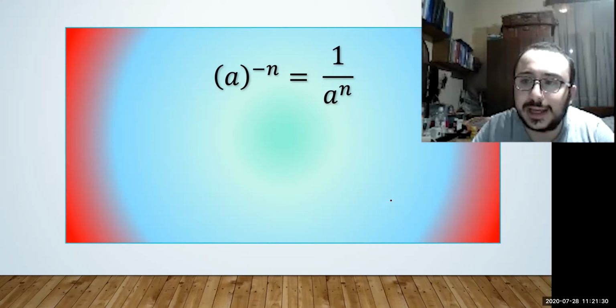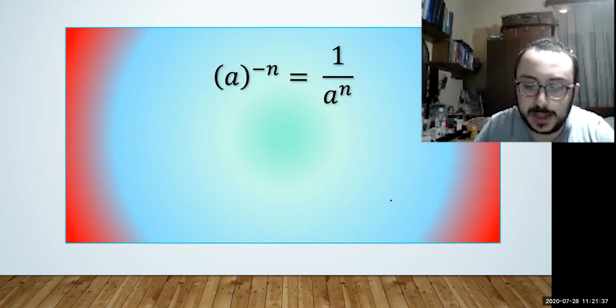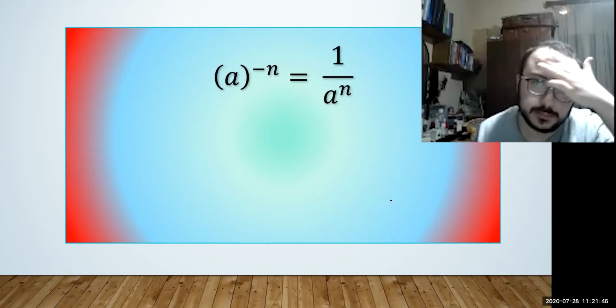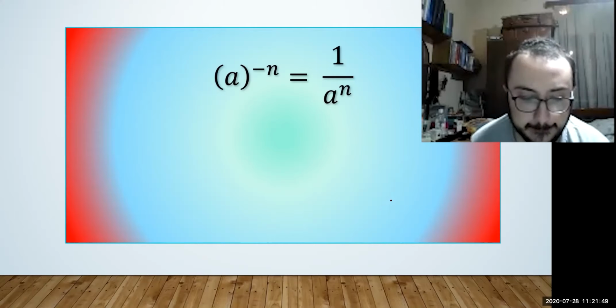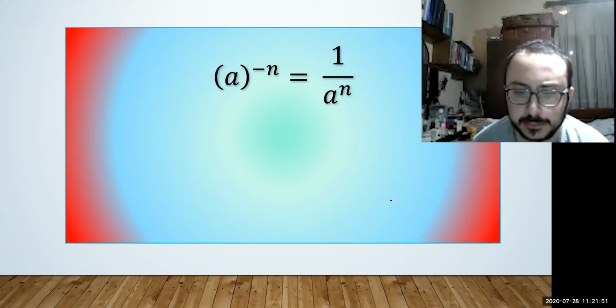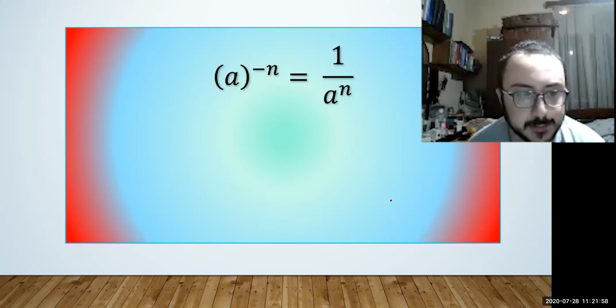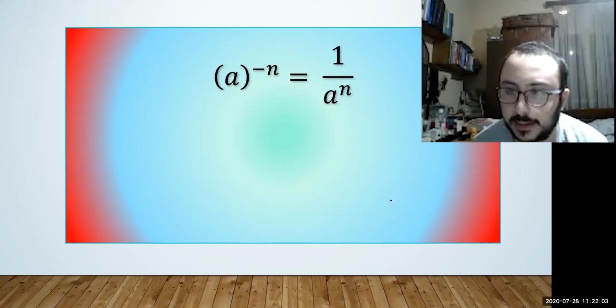So if you put on the calculator 27 power minus 1, try to put it, 27 power minus 1, what do you obtain?